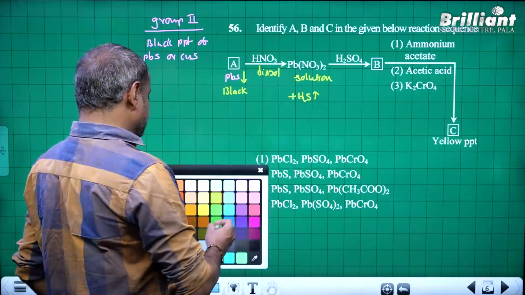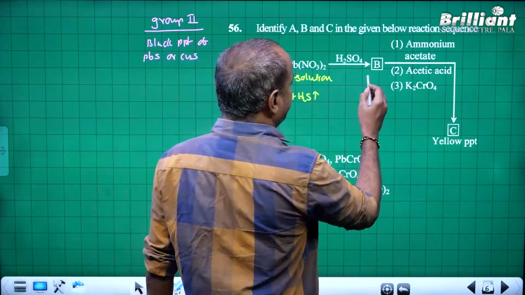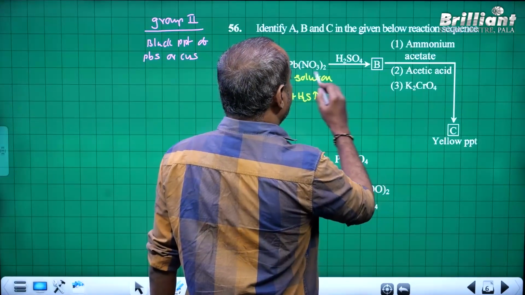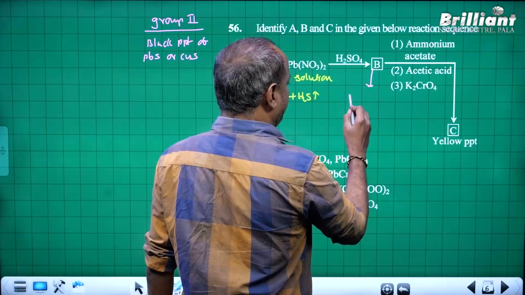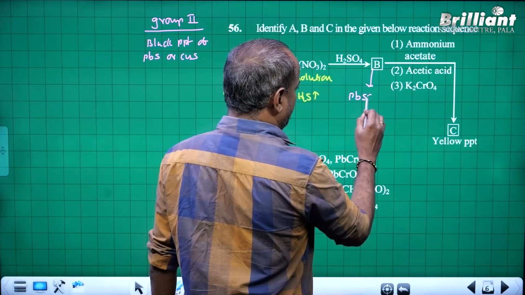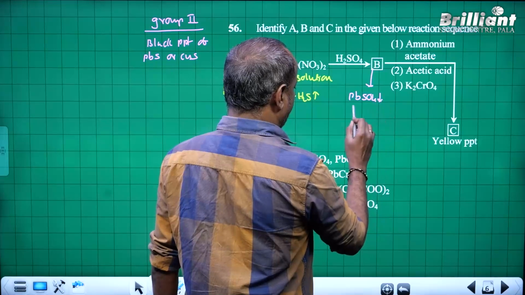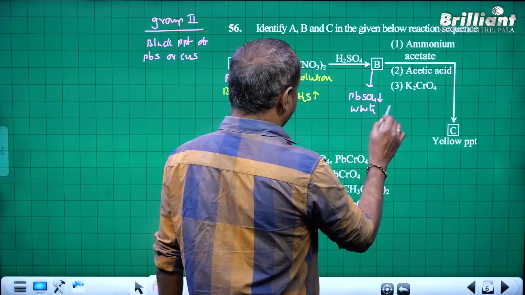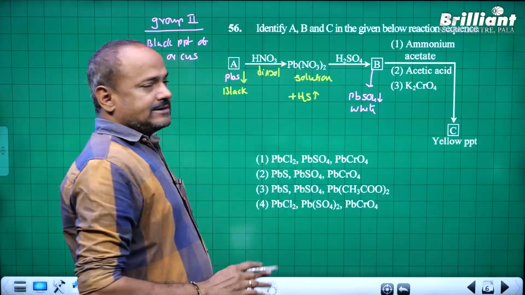Lead nitrate solution is adding with sulfuric acid gives lead sulfate, but PPT. Lead sulfate is a PPT, color white. Nitrate is not PPT.